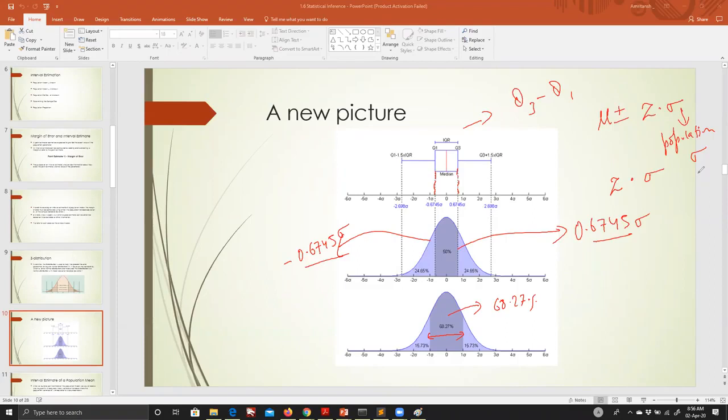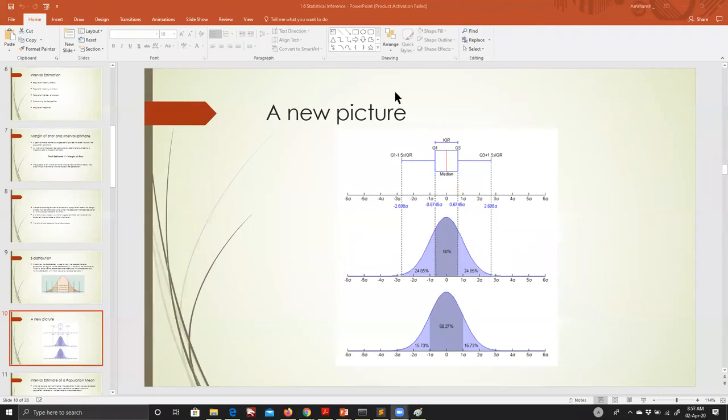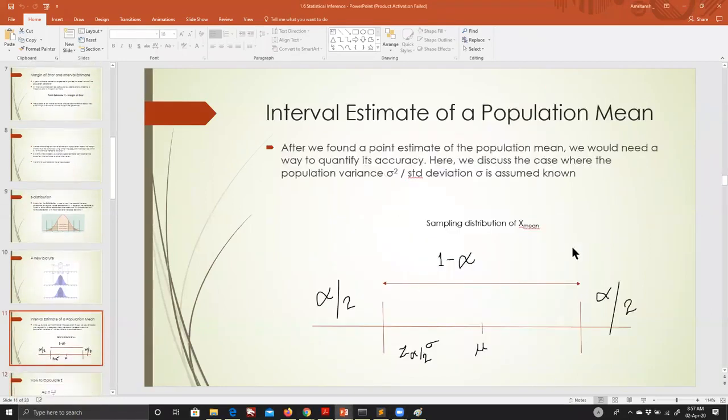There are charts and online calculators to do this. I will try to explain it through charts, and of course you can find some online website or mobile app which can do this for you as well. My point is, the interval estimate has to be expressed in terms of Z.